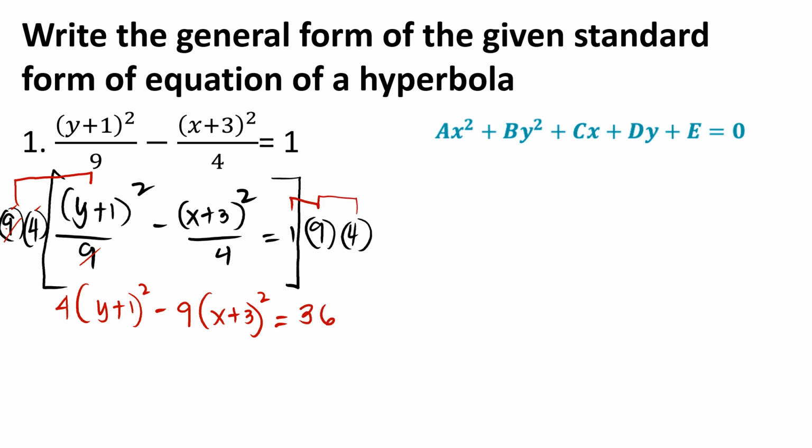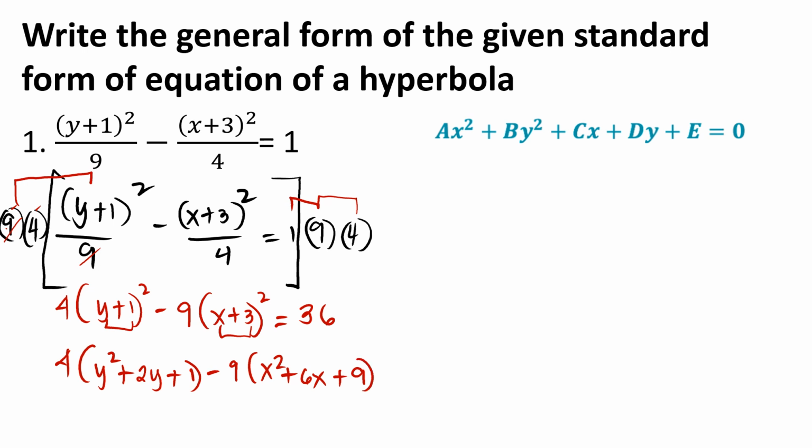Okay, so next, we will be expanding the binomial. So this will be y squared plus 1 times y times 2 is 2y plus the square of 1 minus, again, we are to expand the binomial, x squared plus 3x times 2 will be 6x plus the square of 3, which is 9, is equal to 36.